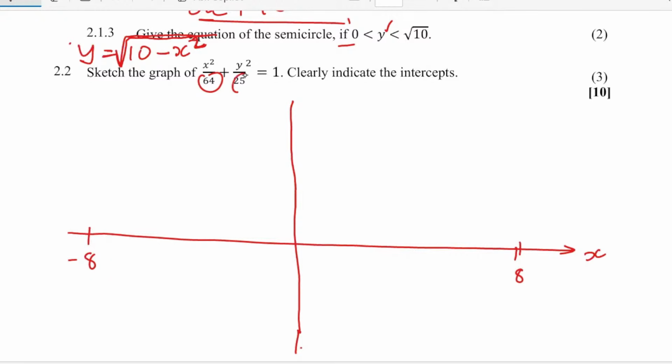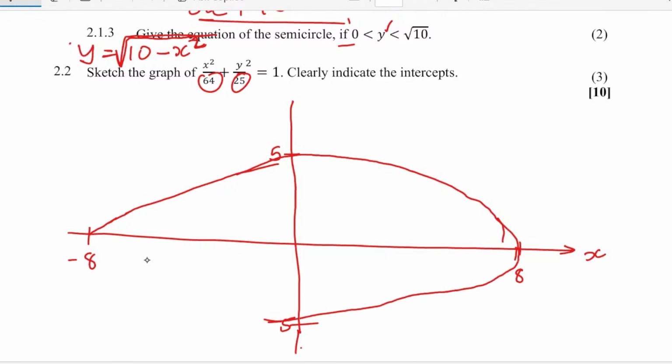And then the square root of 25 is 5. So it's going to be a 5 at the top, and then -5 at the bottom. And then we just connect this. So if you're given a grid, I think it will even be better because you get more of a perfect shape. In this case, I don't have any grid, but this is how it should kind of look like.